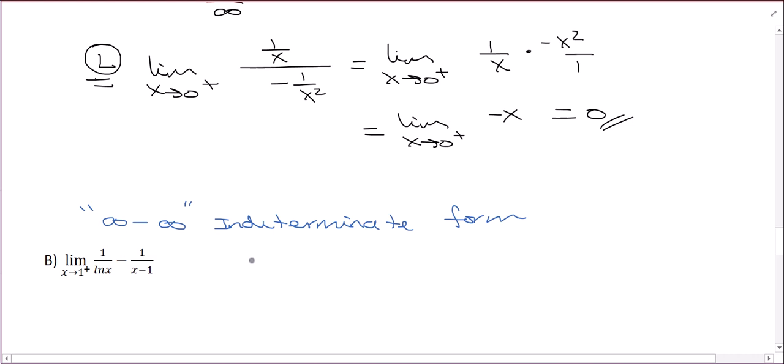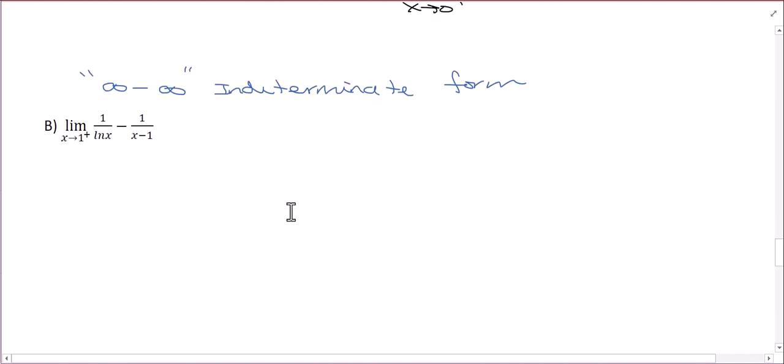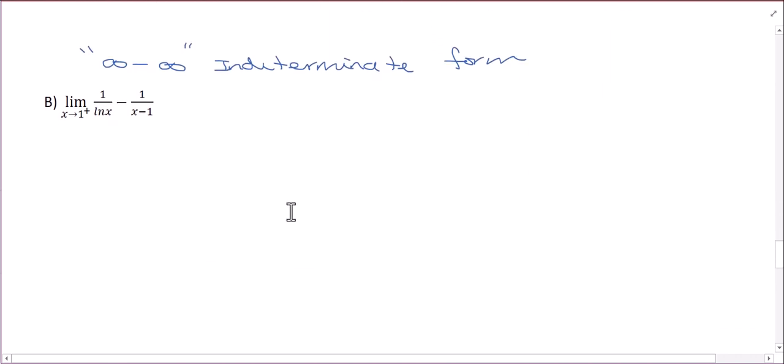If they're rising to infinity at the same rate, then chances are their limit is going to be close to 0. But in this particular case, we already know ln x is the slowest growing function, so 1 over ln x is not going to grow at the same rate as 1 over x minus 1. So we should expect this to be not 0, hopefully.